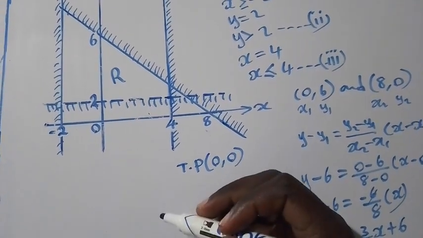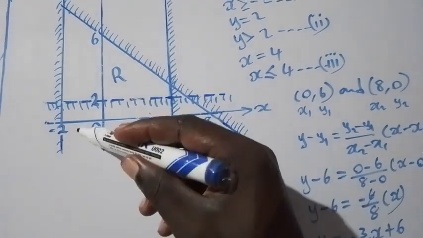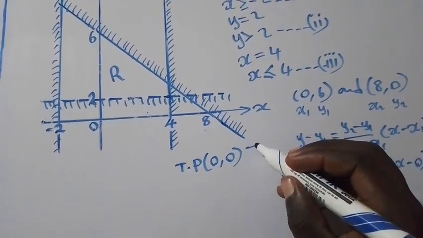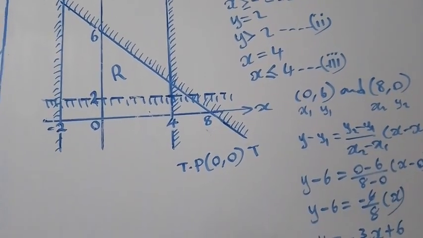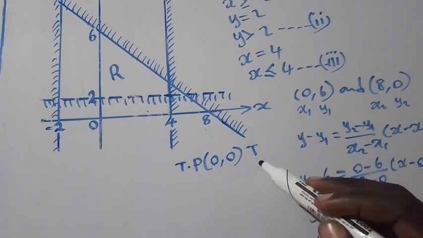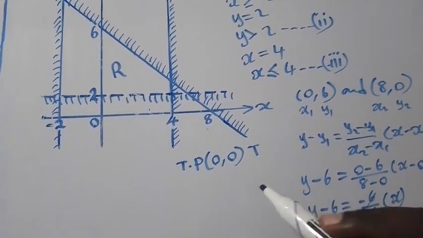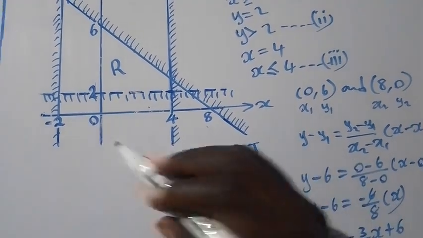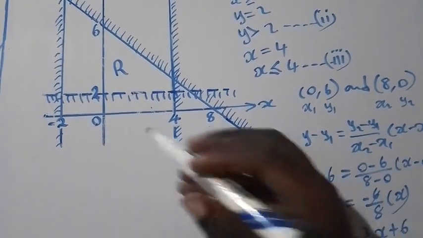This testing point is coming from the wanted region, which means in the conclusion we have to use the true statement. If you pick the testing point from the unwanted region, then you have to conclude with the false statement. We shall conclude with the true statement because our TP is coming from the wanted region.